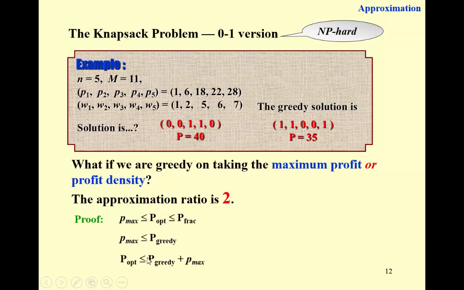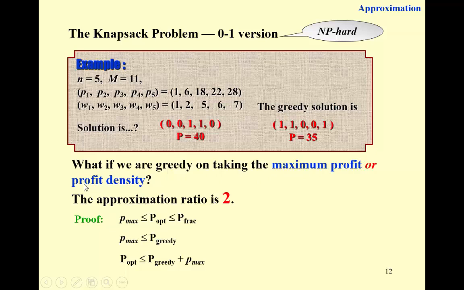Well, we know that the greedy solution is certainly smaller than or equal to the optimal solution, but their difference is no more than the largest profit. Why? Please keep in mind that this greedy solution is no smaller than the profit density solution because we're taking the larger one between them, right?